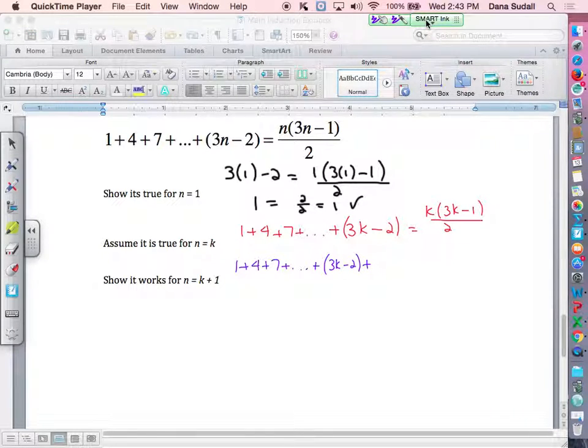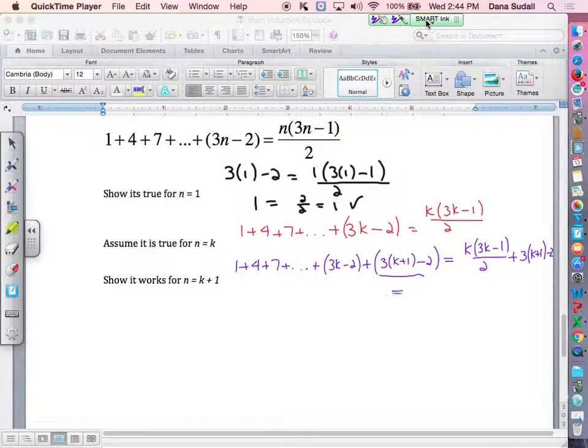So if I add the next term on this side, it would be 3 instead of k, it's k plus 1. You still have the minus 2 and the times 3 out in front. On the right-hand side, this is exactly the same, but I'm going to add this term that I add to the left side. I'm going to add that same thing to the right side.